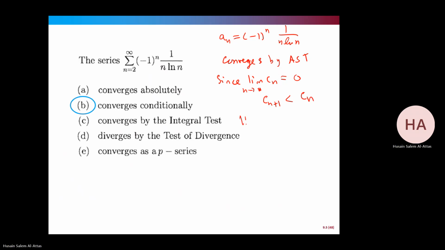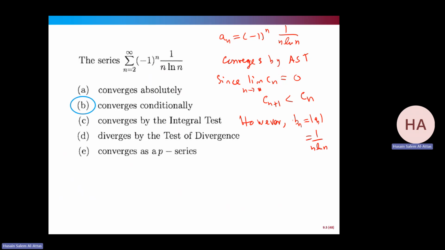However, if we take b_n as the absolute value of a_n, which is 1 over n ln n, then this series will diverge.